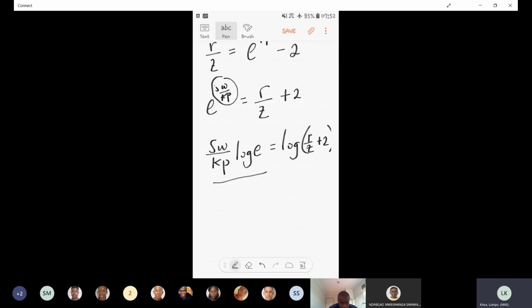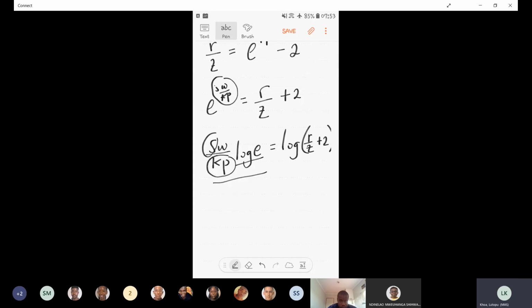And then I will make S the subject of the formula. So you can first divide by log E, multiply by KP, and then also divide by S.